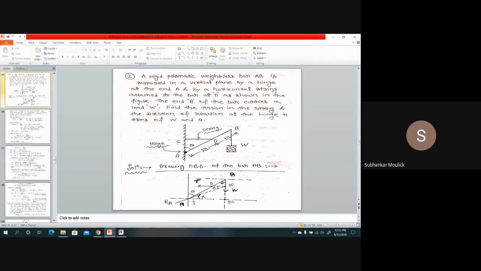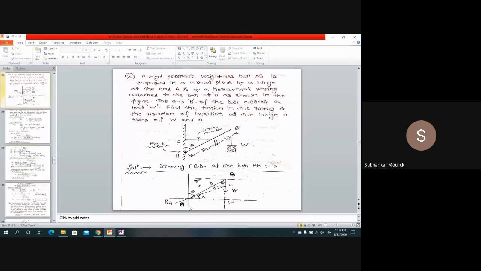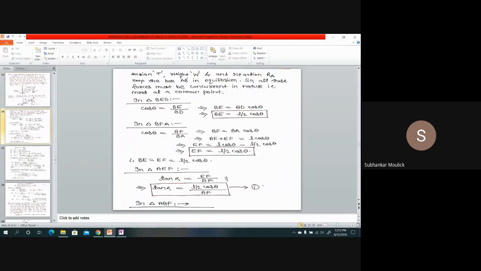P means AF divided by B. B means FB or BF. Fine. So tan theta is equal to AF by FB. So AF will be equal to FB tan theta, and FB is nothing but FE plus EB, which we have already calculated.